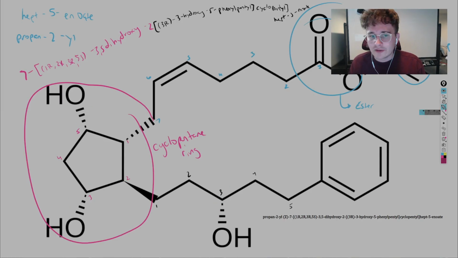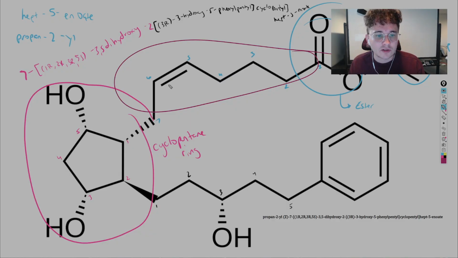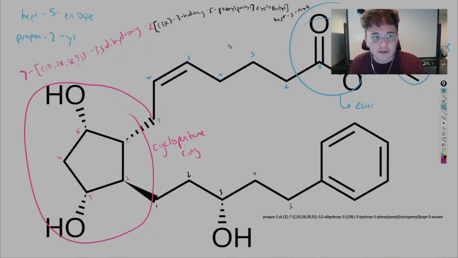So now we are onto the name. Honestly, I was kind of overwhelmed when I was looking at this right here, but I'm going to break it down for you. So we have a parent chain of 7 carbons right here, and that's where we get this hept, and you can see it down here as well somewhere. And there we go, hept right there. We have an ester functional group right here.